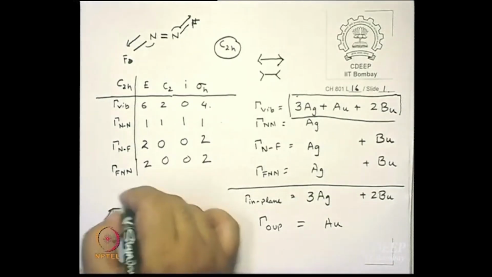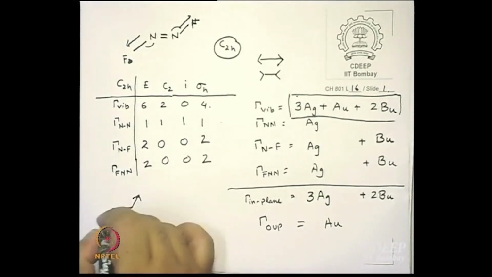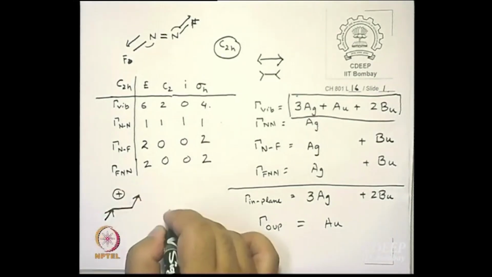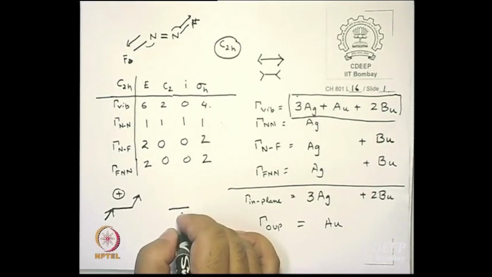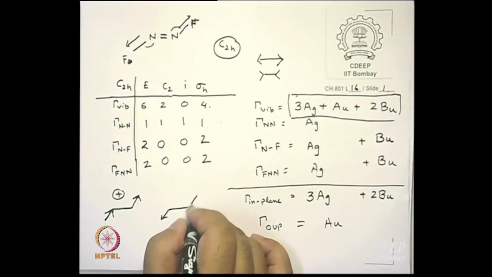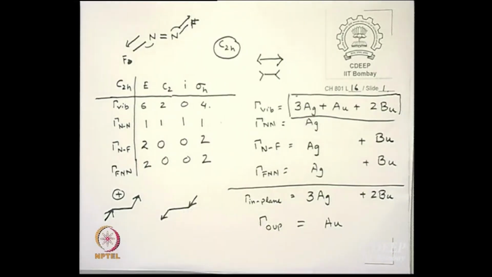Okay, this is plus, nice arrowheads. What will be minus then? Okay. So, now see, if I apply C2, what happens?